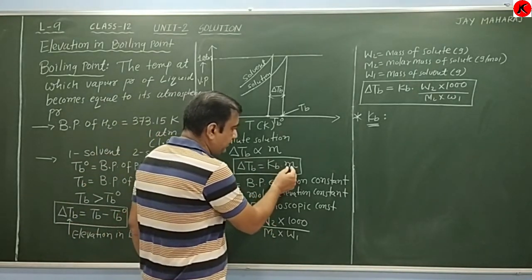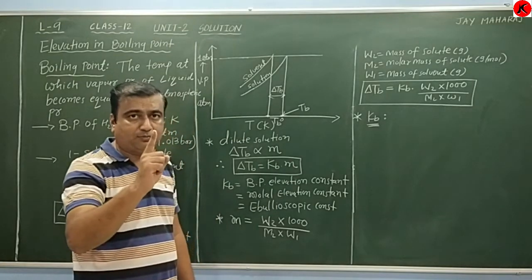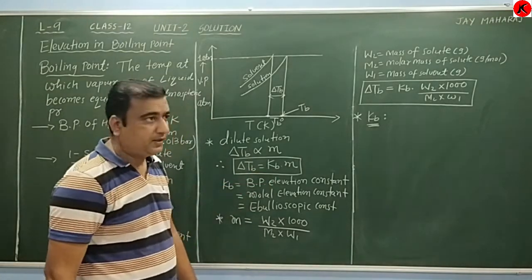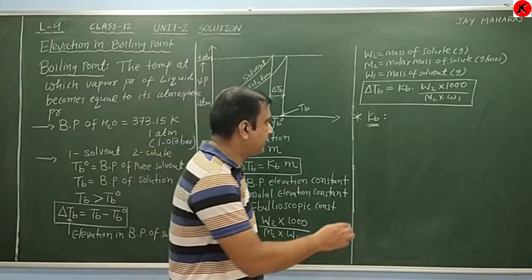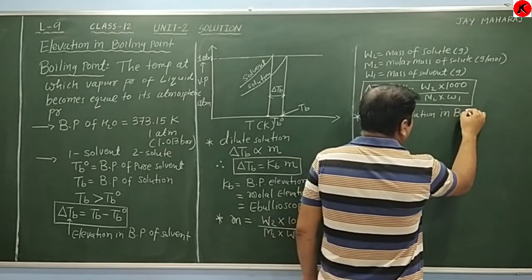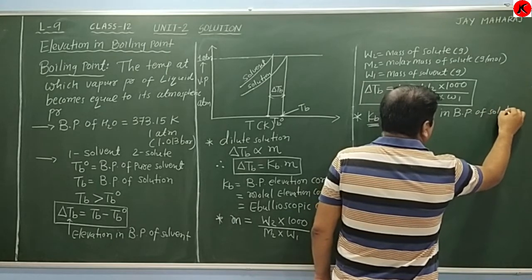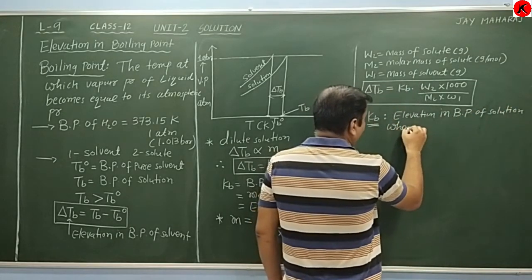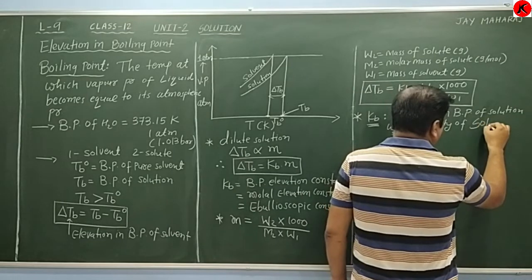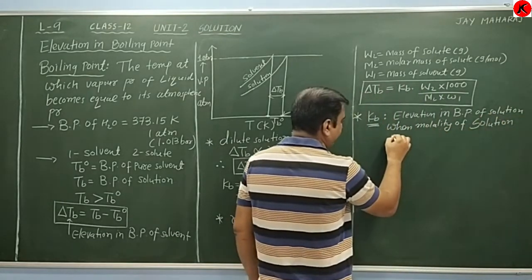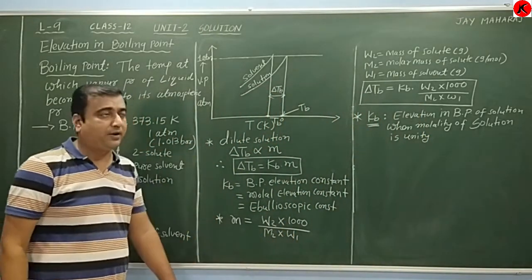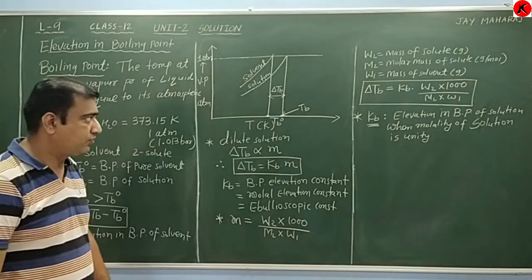That means when the molality of the solution is unity, that means 1 molal, then the elevation in boiling point becomes equal to Kb. So we can write the definition of Kb like this: the elevation in boiling point of a solution when the molality of the solution is 1, that means unity, is known as the molar elevation constant.